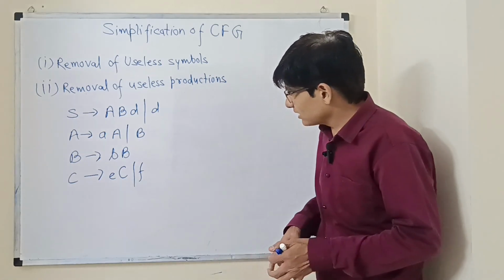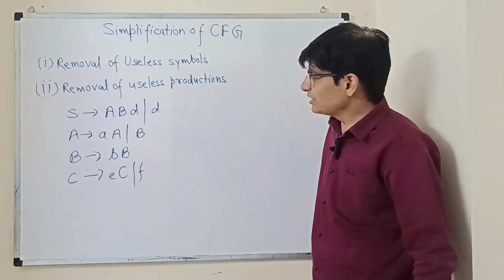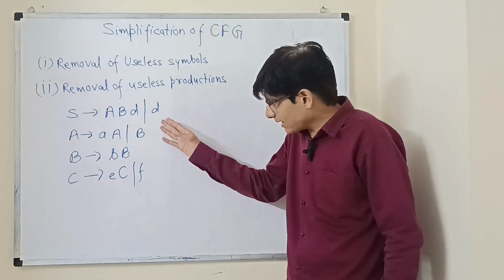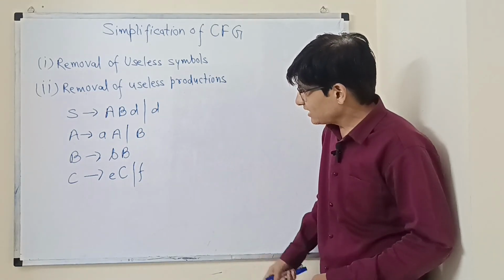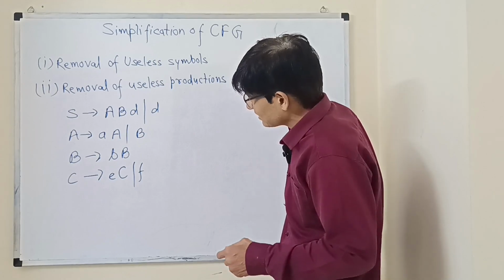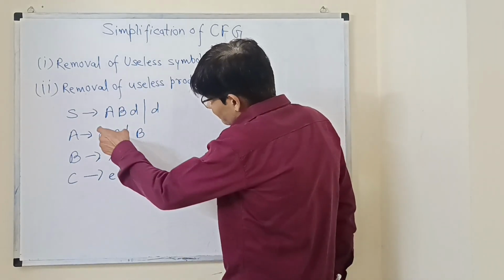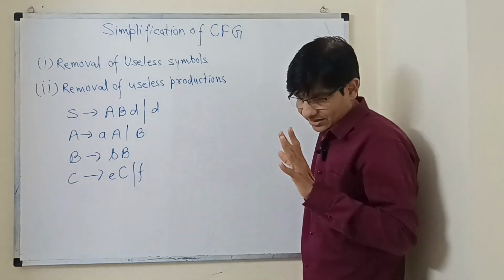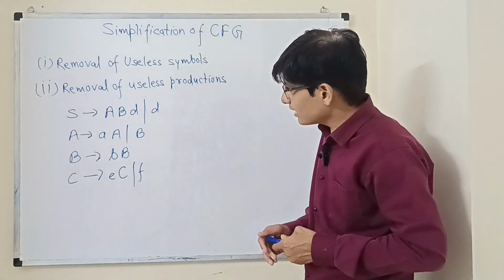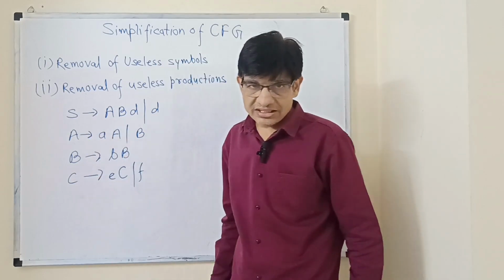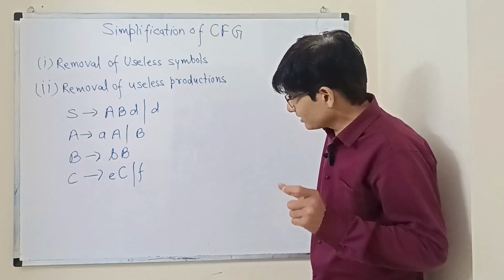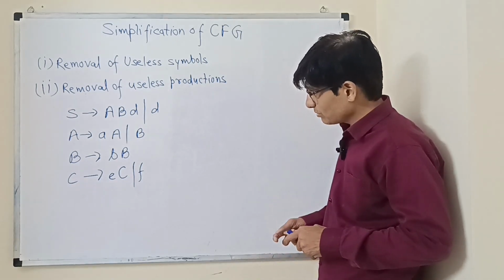To identify this, you can see all the productions. So for example, I have taken this grammar here, and you can see how many productions are in this grammar: 1, 2, 3, 4, 5, 6, 7. 7 productions are there in this grammar, and we have four different variables in this grammar.